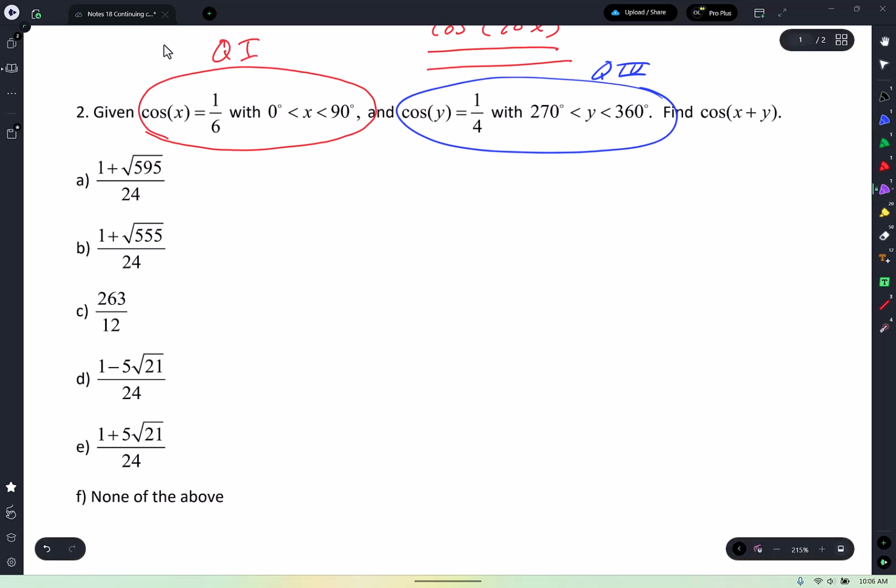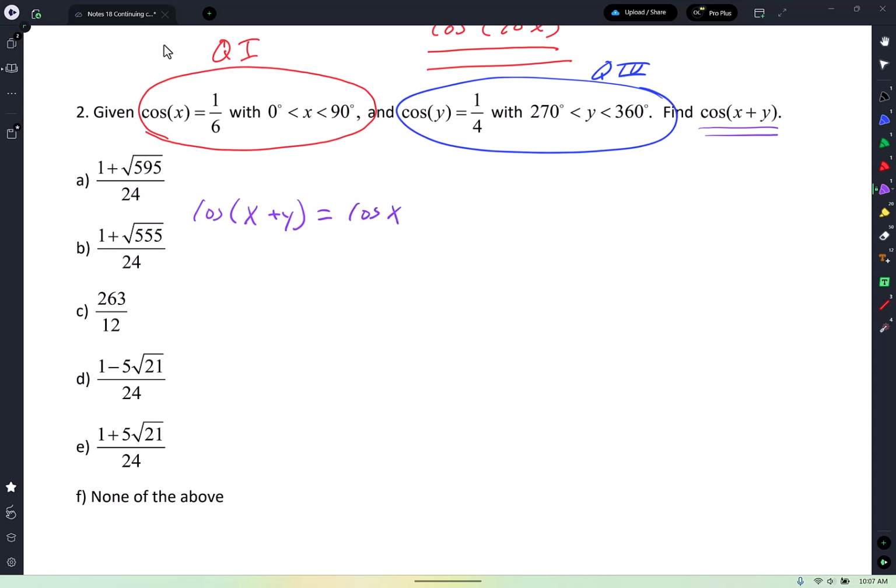Your first move, what's the first move? Do you know what cosine x plus y is? The x is like A, the y is like B. So I'm going to write over here, before you do anything, cosine x plus y. What is cosine x plus y? Cosine x. What do I write next?